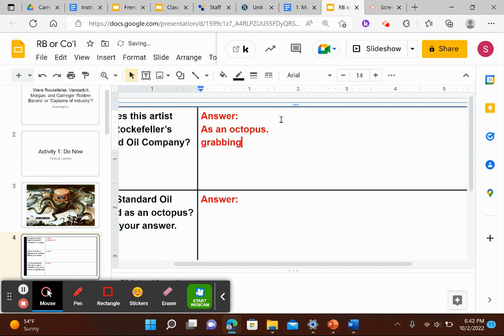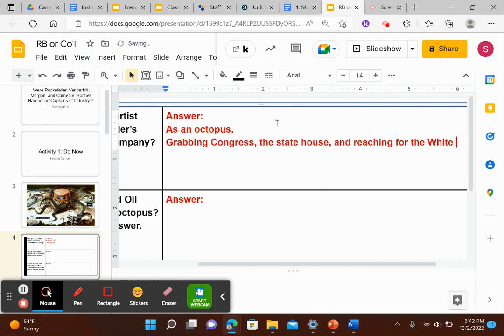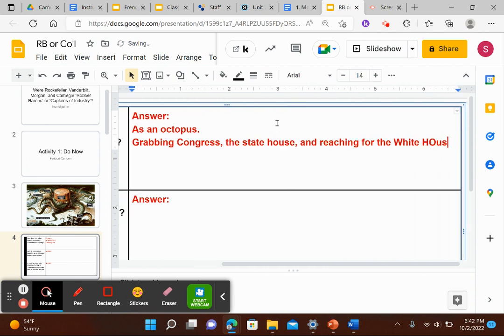He's grabbing Congress, the State House, and reaching for the White House, which means or indicates he's controlling the government.